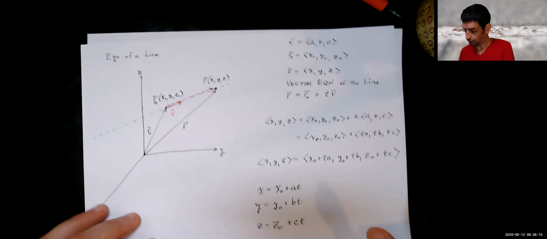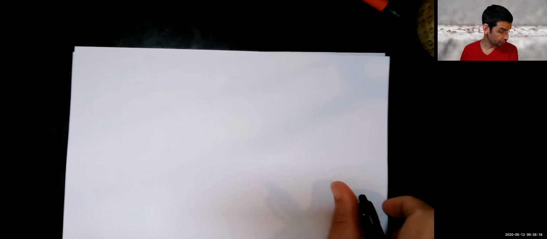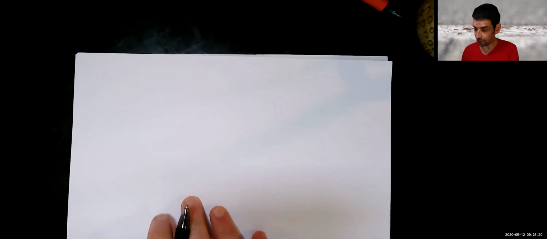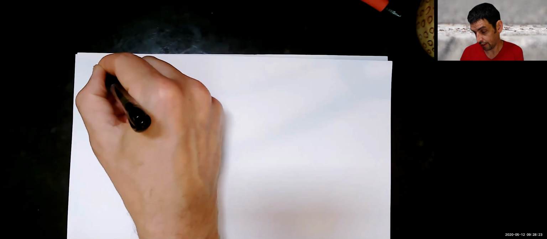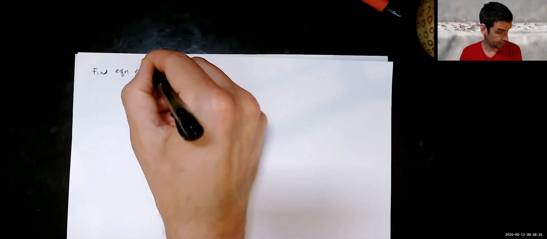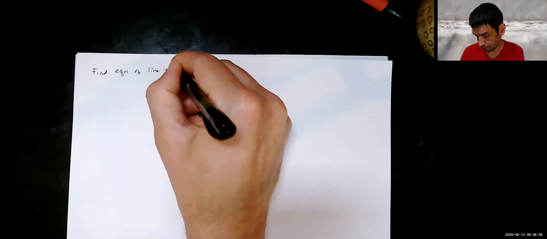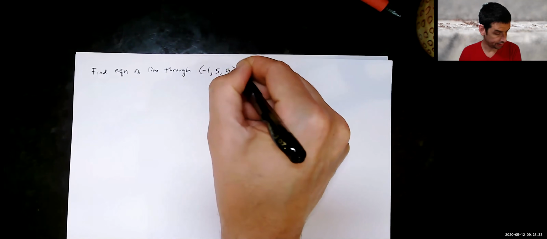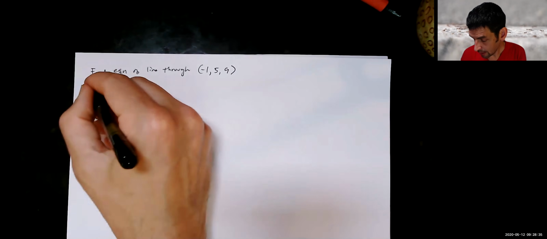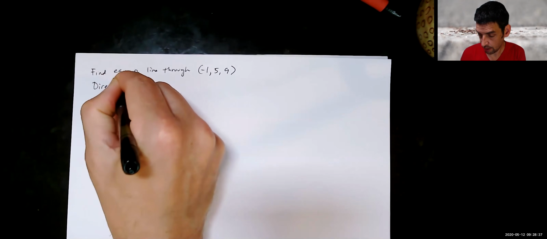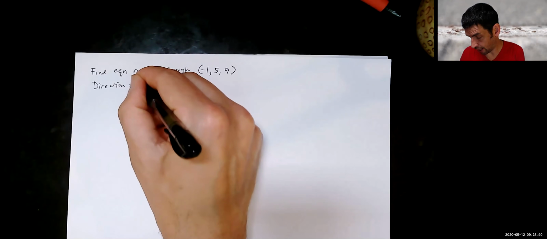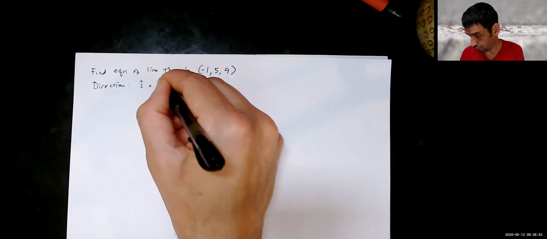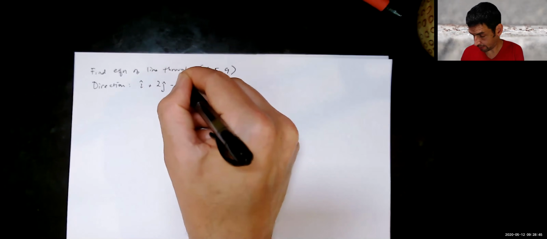So let's do an example to make this a little bit more concrete, and then we'll actually take a look at a little animation of what this looks like. So let's say I want the equation of the line. Let's find the equation of the line through the point -1, 5, 9 and in the direction of the vector i hat plus 2j hat minus k hat.